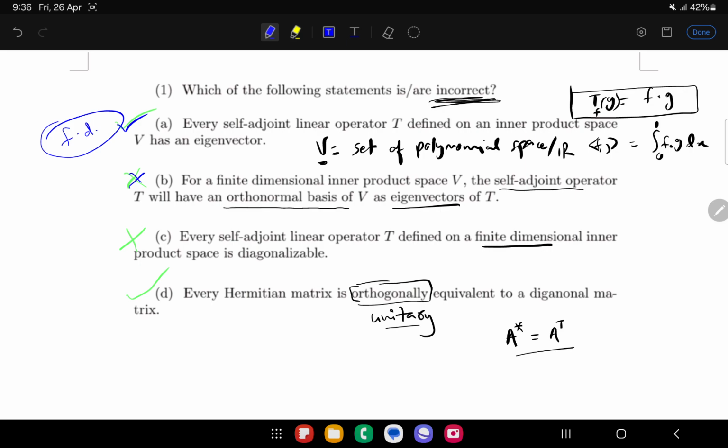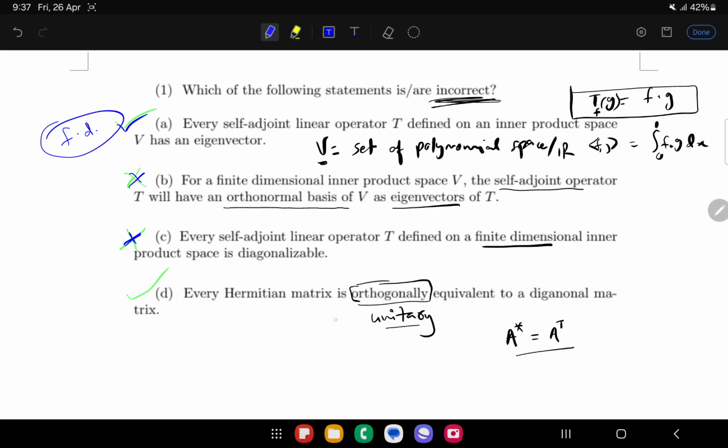Every self-adjoint linear operator T defined on a finite dimensional inner product space is diagonalizable. Self-adjoint linear operators are diagonalizable, yes. So this option is incorrect because we are choosing incorrect statements. As a statement, it is correct.